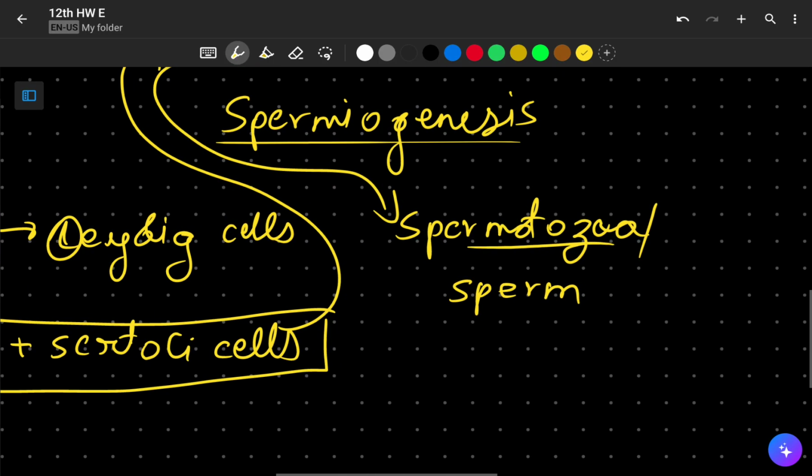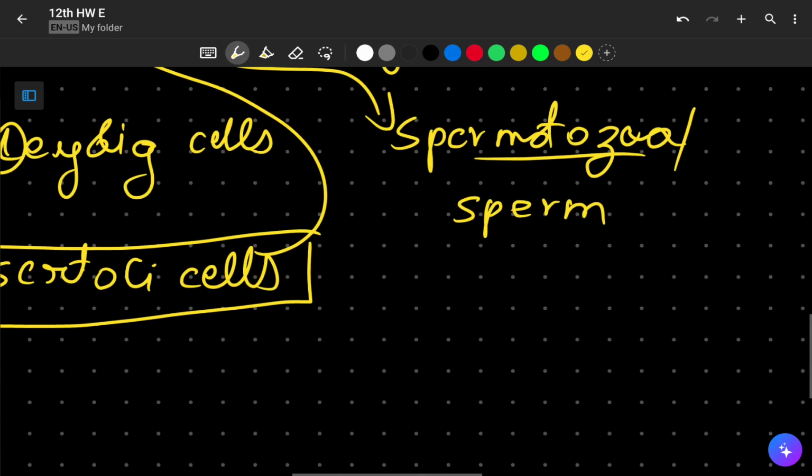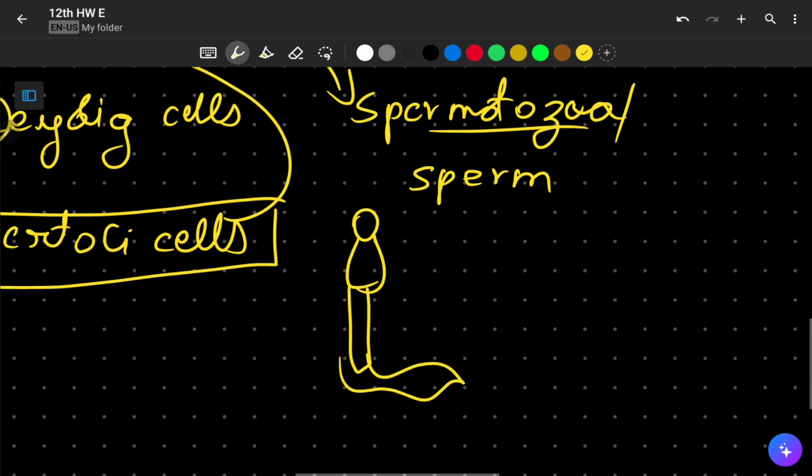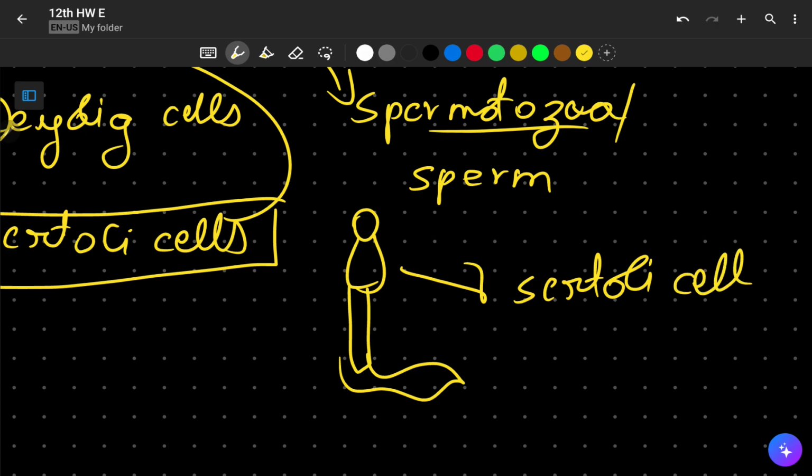And then after the spermatozoa or the sperm is formed, they basically, we all know, they look like this, something like that. They will move towards the Sertoli cell. Now the reason is going to be nourishment, because they need energy.